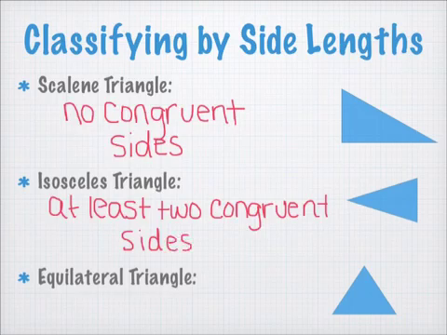Why is the at least important? What do you think that means? The lowest. Okay, the lowest is 2. You can't have less than 2, but you could have more than 2. So you could have all 3 be congruent. Okay? So let's go in this picture right here. I want you to mark these 2 sides as being congruent. Okay?